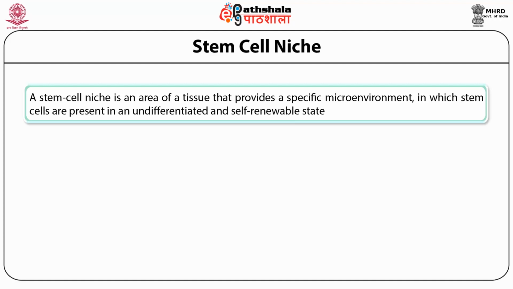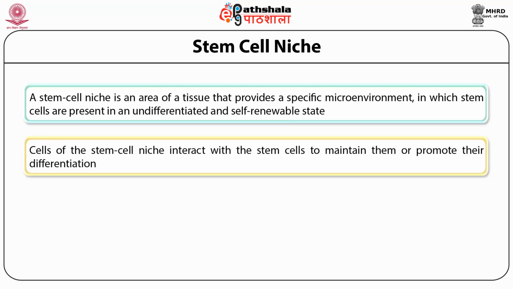This microenvironment helps the stem cell present within that particular area to remain in an undifferentiated state, and also it can help in the property of self-renewability. Cells of the stem cell niche interact with the stem cells to maintain them or promote their differentiation also.